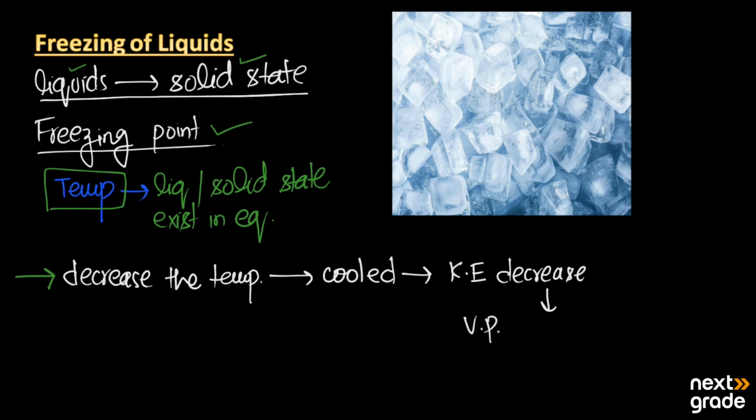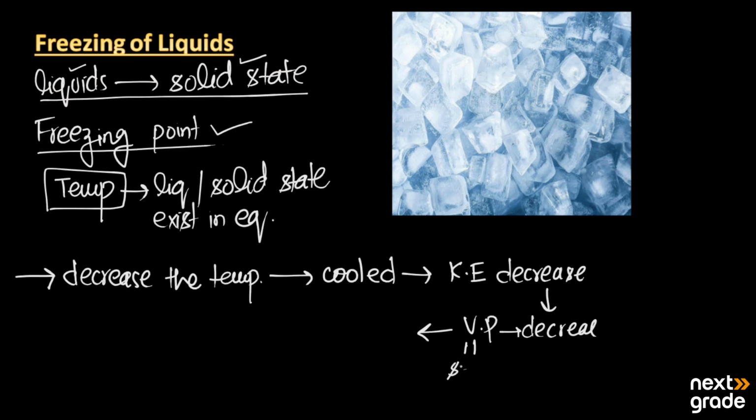By decreasing the temperature further, a stage comes when the vapor pressure of the liquid becomes equal to the vapor pressure of the solid state that is formed. So this is the simple sequence of how it changes into the solid state.